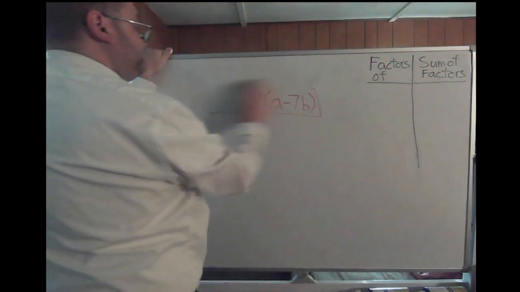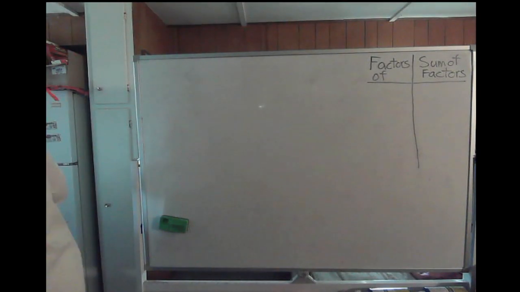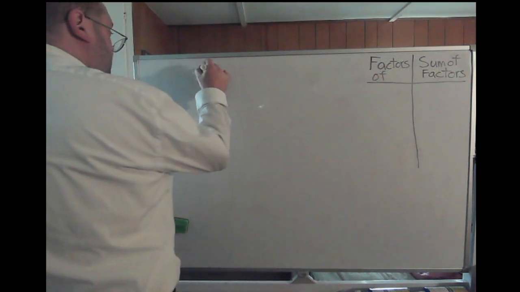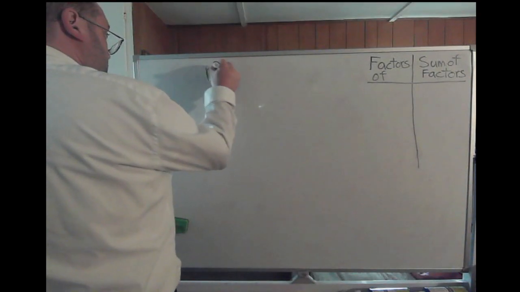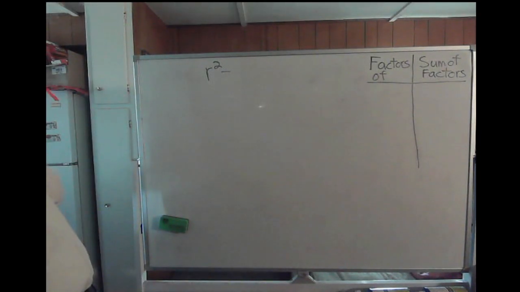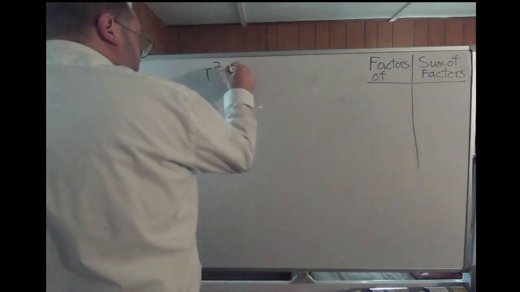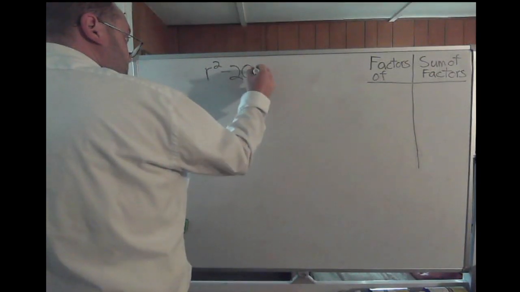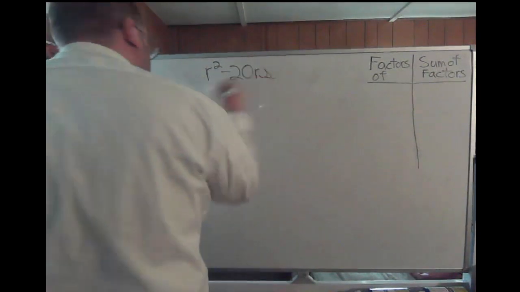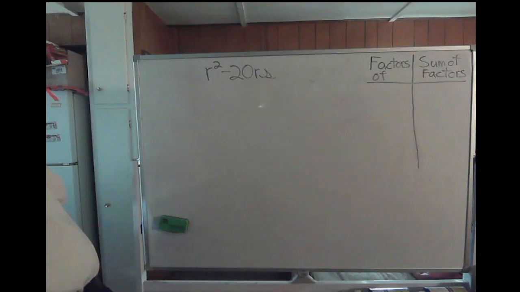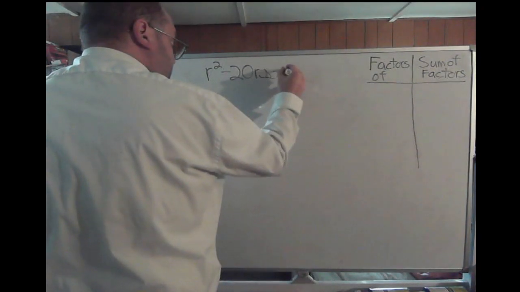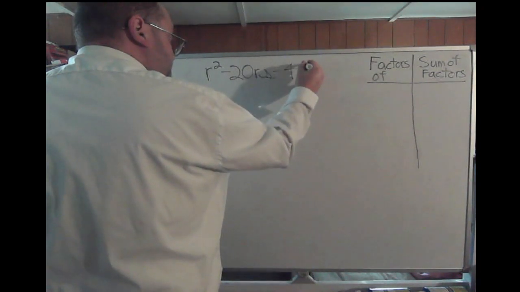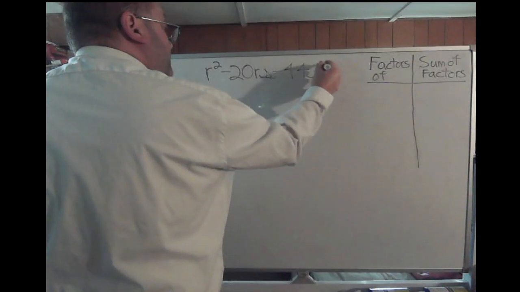Alright, let's see what's next. R squared minus 20RS minus 44S squared.